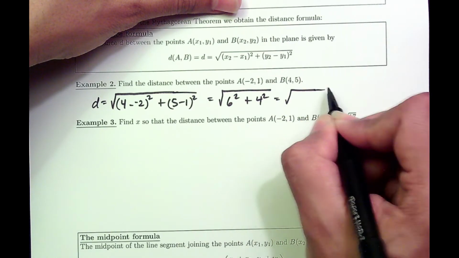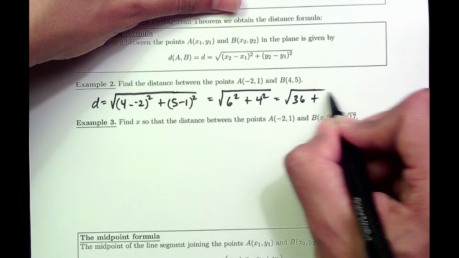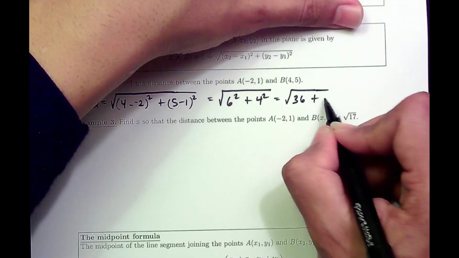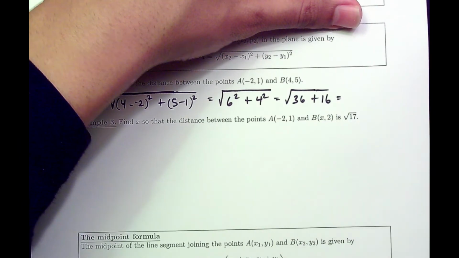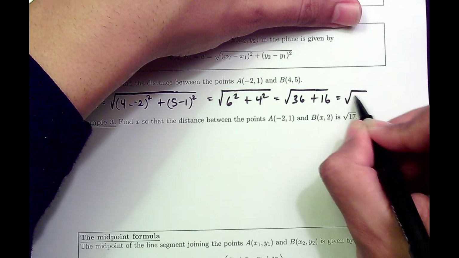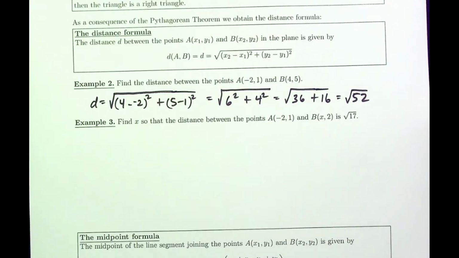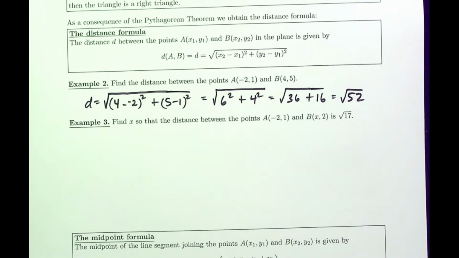6 squared is 36, and 4 squared is 16. So this is the square root of 52. And of course, if you can simplify the radical, you should. We're not going to leave it like that. Can we simplify this radical?